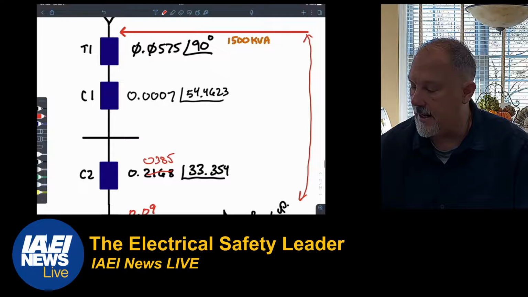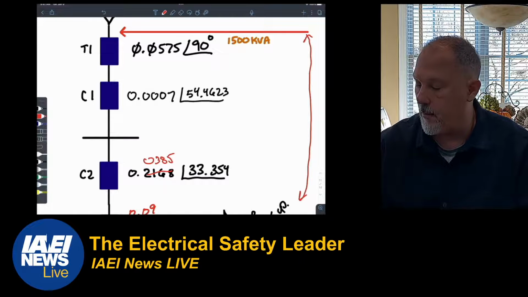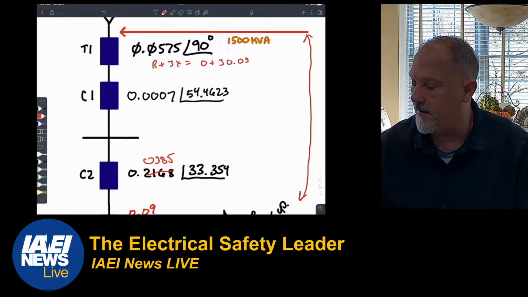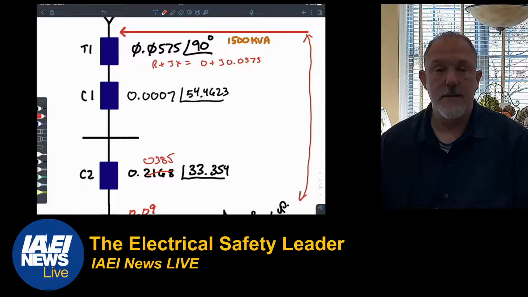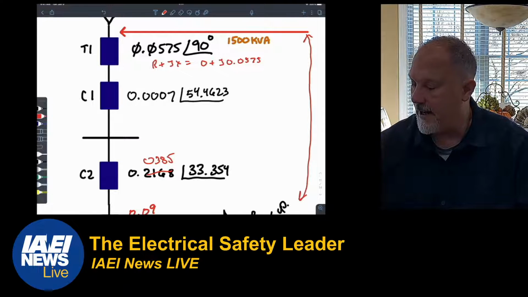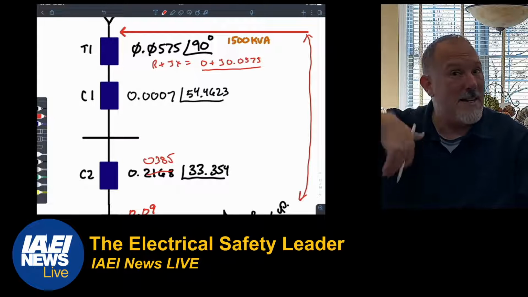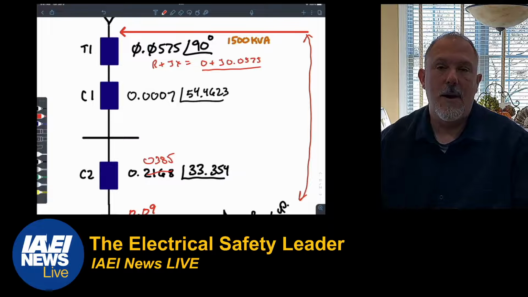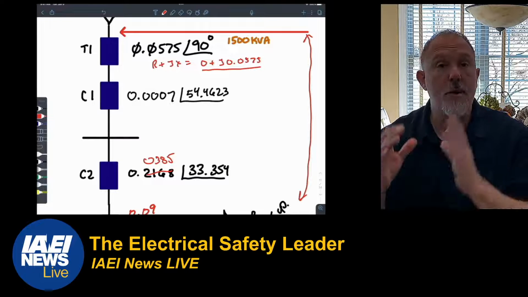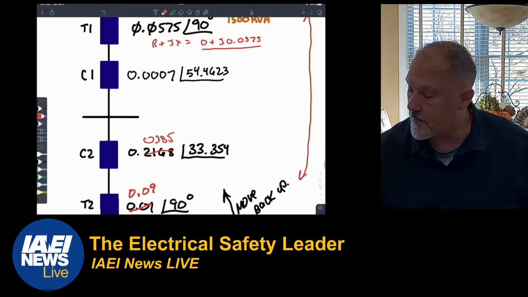This is my point, and remember what is my R plus jX on this one is 0 plus j0.0575, right? So that is my R plus jX, and we're going to do that for each of these. And I already did it while I was away, and I would put them into a table for us.